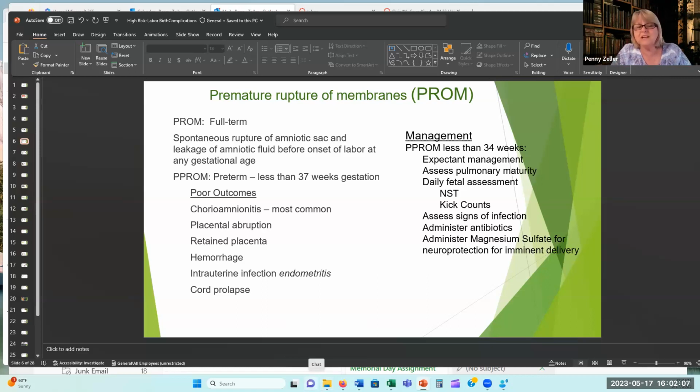And if we don't adequately treat the chorioamnionitis, if our antibiotic does not destroy the bacteria, then that infection can spread to the uterine lining. It's called endometritis. Endometritis, not endometriosis, but endometritis. And then cord prolapse. So these are some of the possible outcomes from a premature rupture.